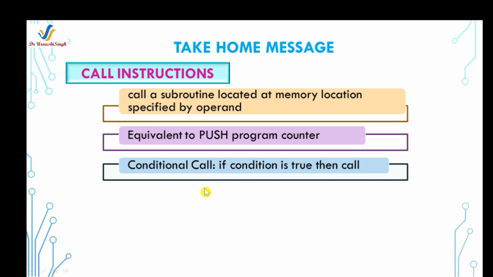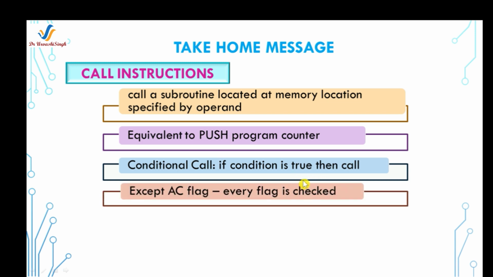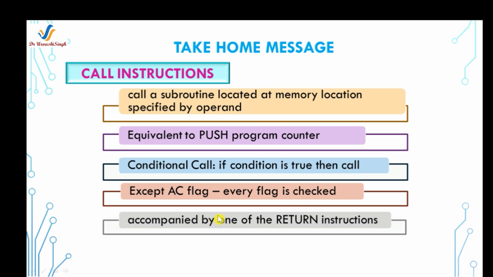And in conditional call instructions, it will check the condition or status of the flags except the auxiliary carry flag, and if the condition is satisfied or true, then it will call a subroutine, otherwise it will execute the next instruction. All the call instructions must be accompanied by one of the return instructions in the subroutine.